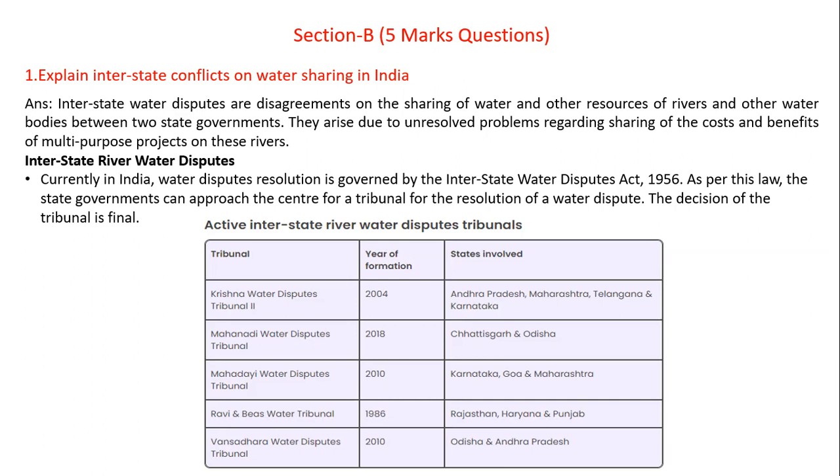The Ravi and Beas Water Tribunal was created in 1986, for sharing of water between Rajasthan, Haryana, and Punjab. Then the Vansadhara Water Dispute Tribunal was created in 2010, pertaining to sharing of water between Odisha and Andhra Pradesh. So like this, we have so many tribunals. These tribunals are going to give a judgment as far as sharing of water is concerned.